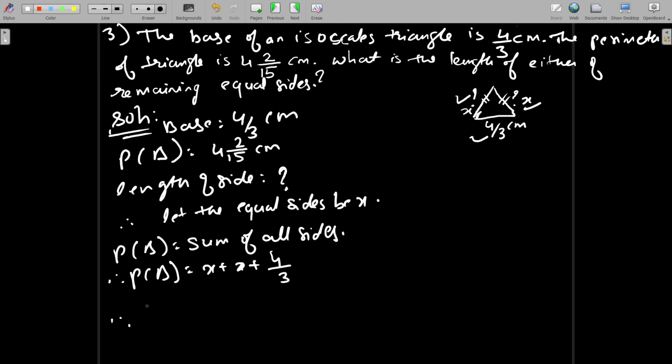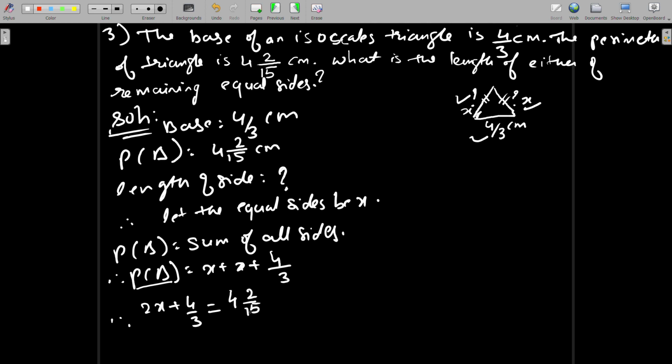Now we will arrange it in the proper format. When we arrange this, x plus x is nothing but 2x, plus 4 by 3 is equal to the perimeter of the triangle, which is given to be 4, 2 by 15, right? 4, 2 by 15 in the mixed format.